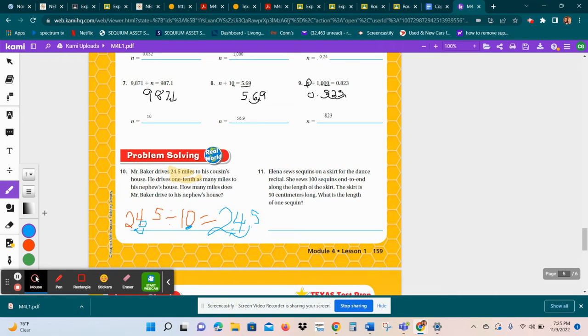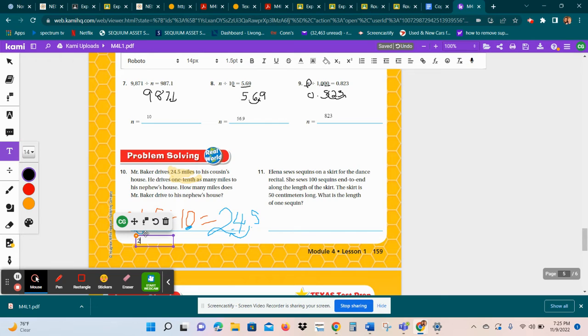So it's going to actually take him, and now I'll type that out, 2 and 4,500 miles to his nephew's house. Make sure that you identify every number on what it means.